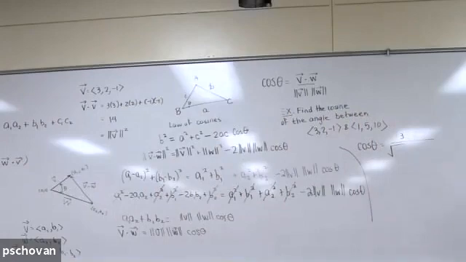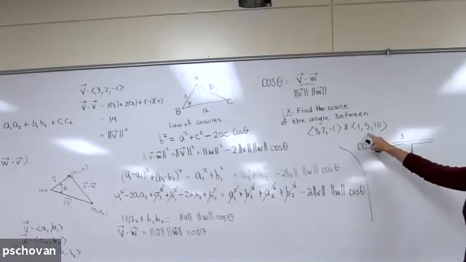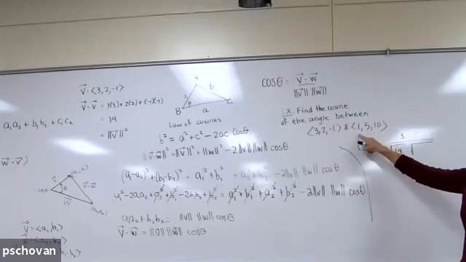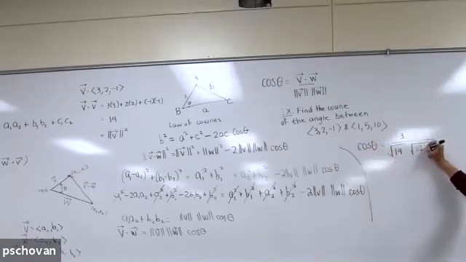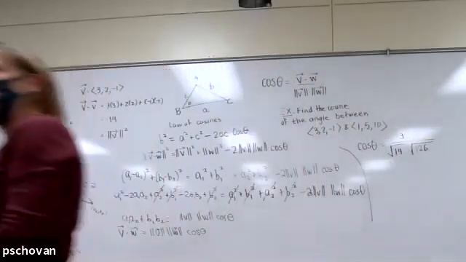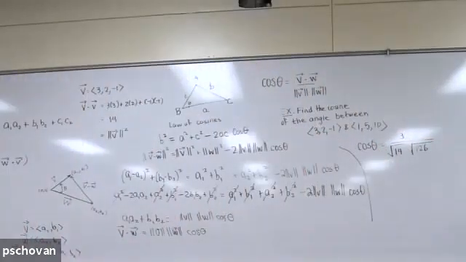That was the square root of 14. And now the length of W is the square root of 126. So if you used an inverse cosine, that would give you the angle in radians. Multiply that by 180 over pi, that gives you the angle in degrees. Okay?